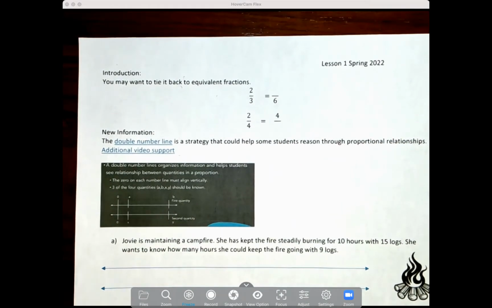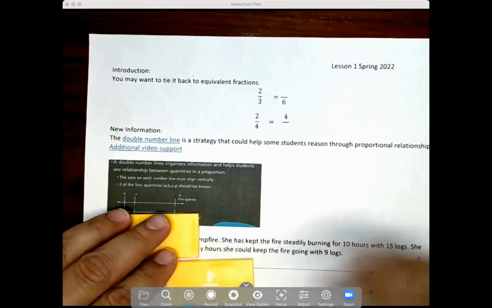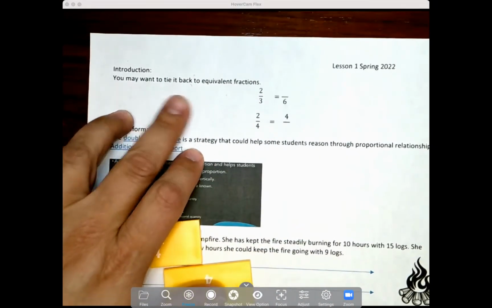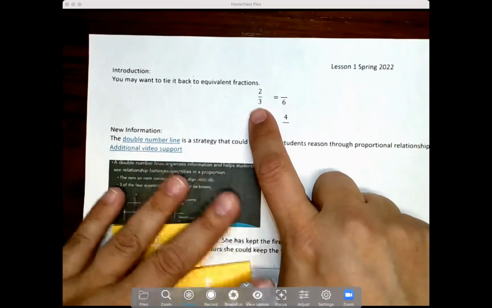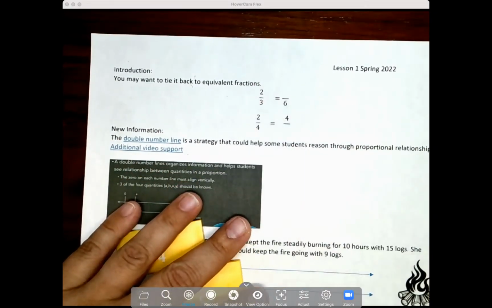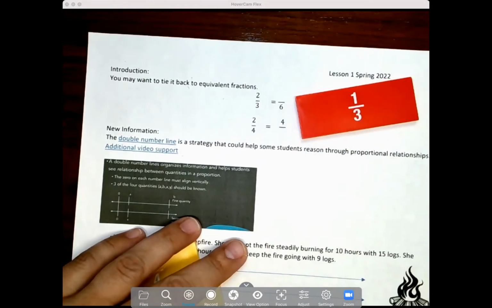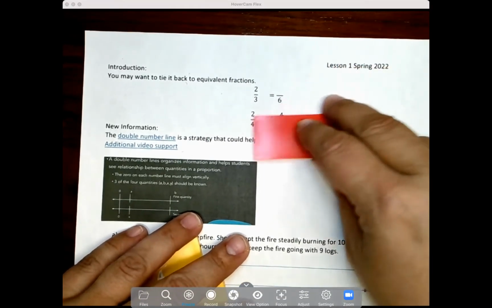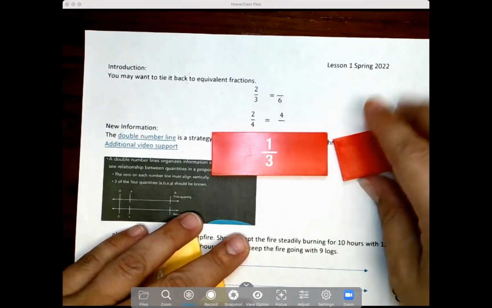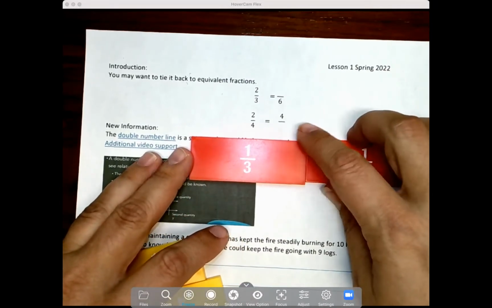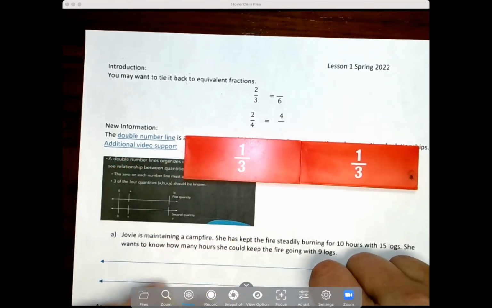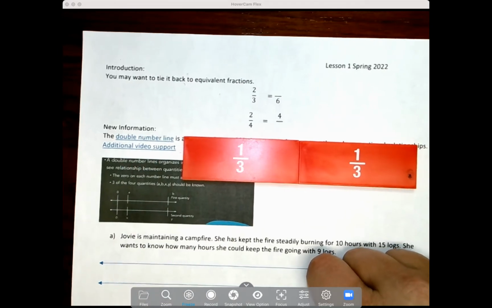Technically speaking, you've already taught your students about proportional reasoning whenever you worked with equivalent fractions. So if you want to tie it back to equivalent fractions, you can talk to them about 2/3. Here's my 2/3, and I want to know how many sixths it would take to be equivalent.